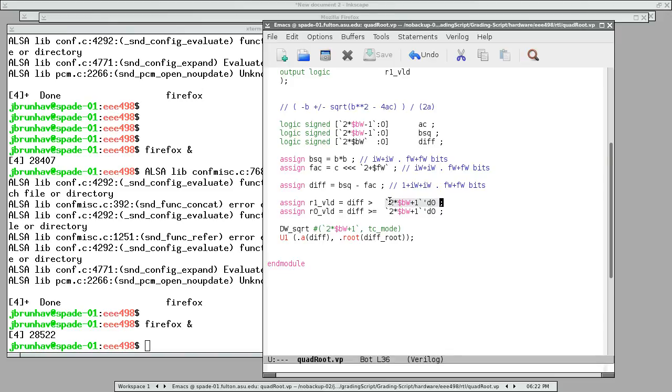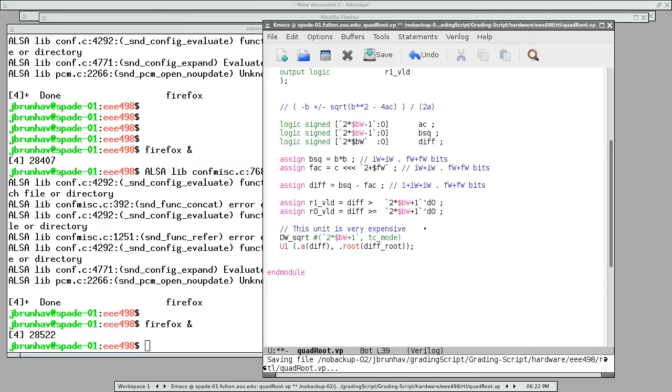And how would we mitigate square root without direct instantiation? That's an excellent question. So this unit is very expensive. It is roughly going to be somewhere between 1/2 to 2x times the bit width more expensive than a multiply.